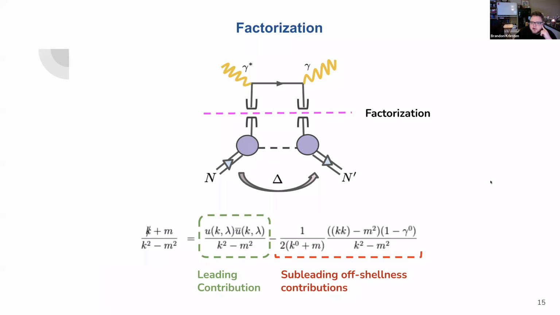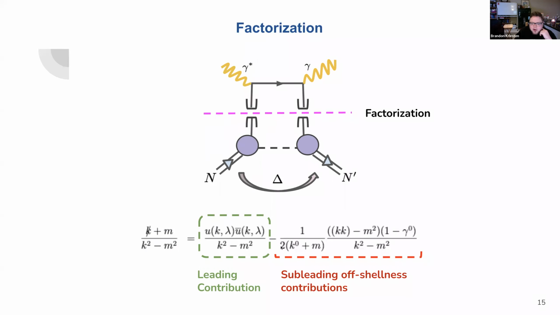So what we actually do is we can split these quark lines by looking at this object here, the k-slash plus m, and we can see that it can be written in terms of a leading contribution of a u ubar, and also a subleading term that's proportional to the off-shellness of the quark.